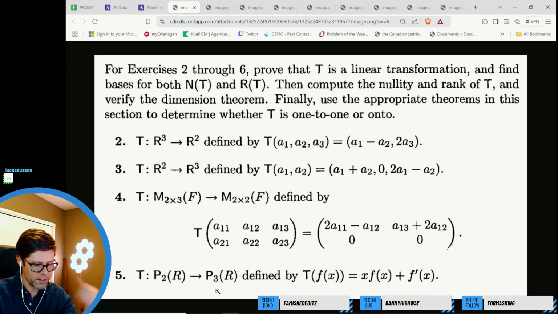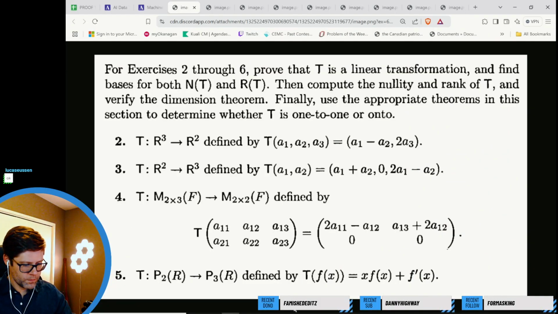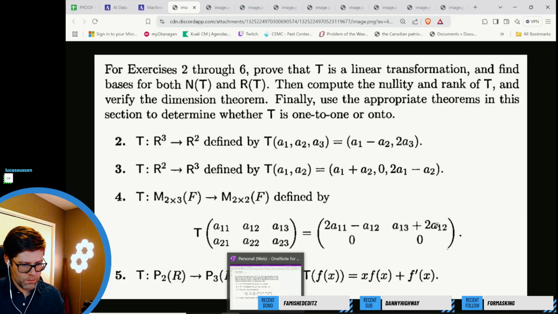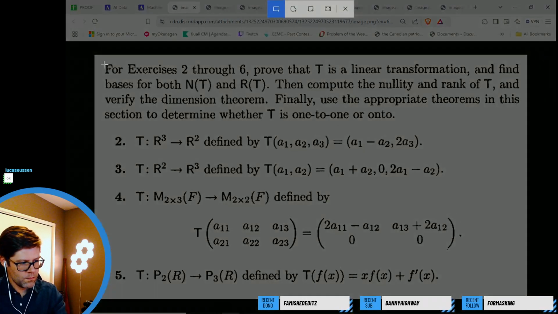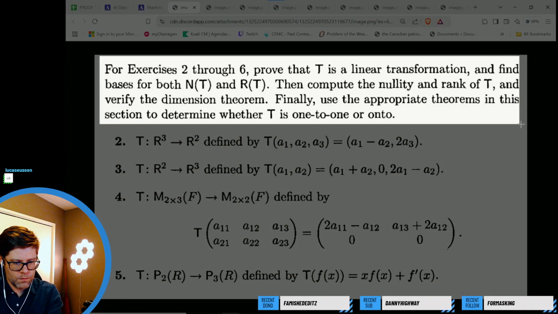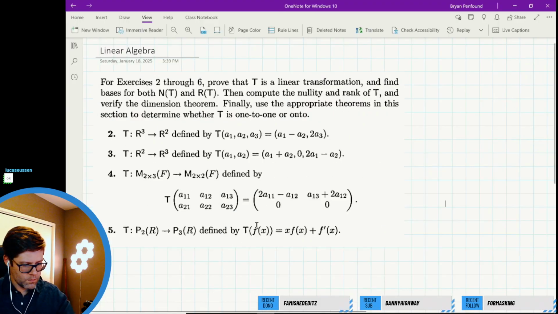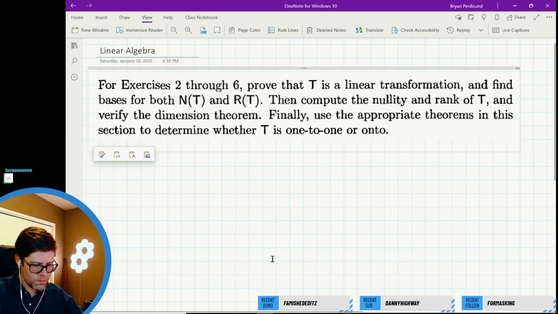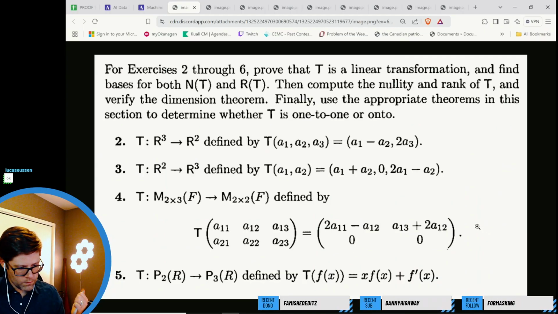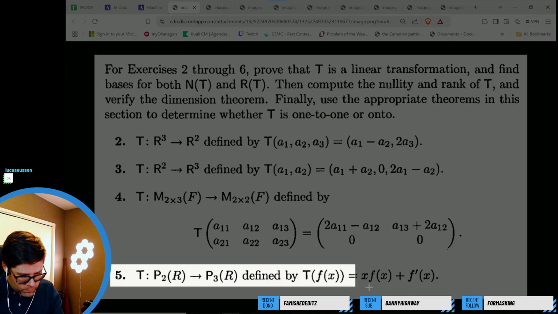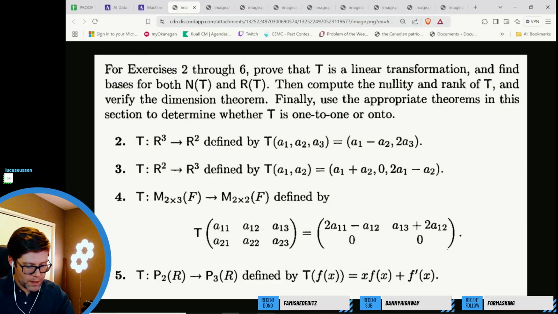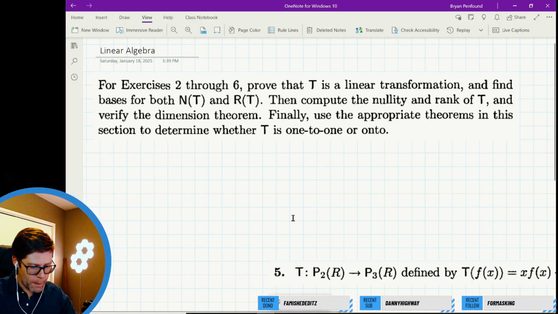That seems potentially fun. I mean, it could also be potentially challenging.